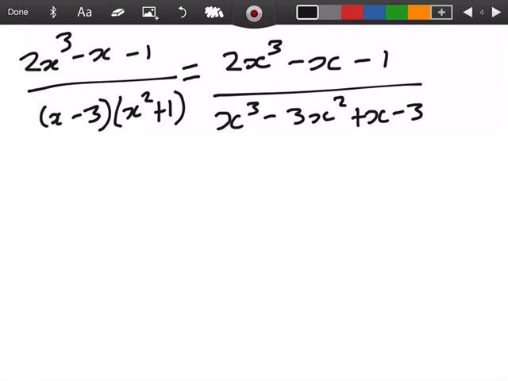And then we write it out again. So 2x cubed minus x minus 1.